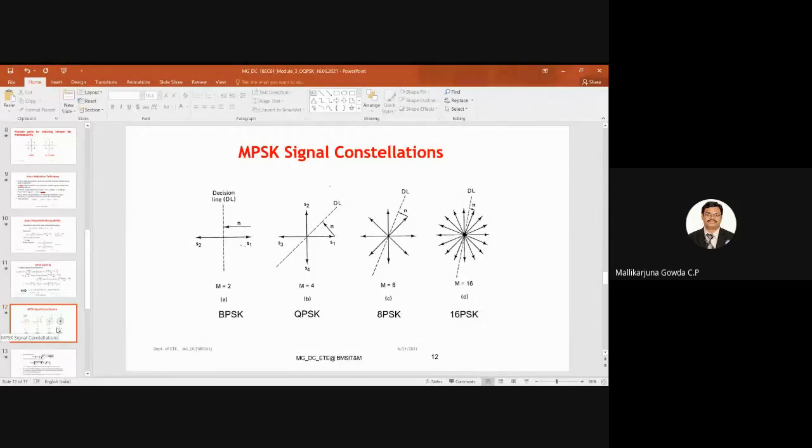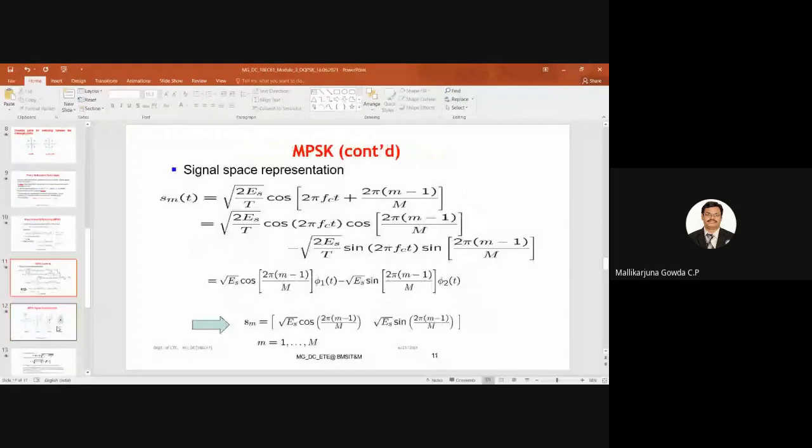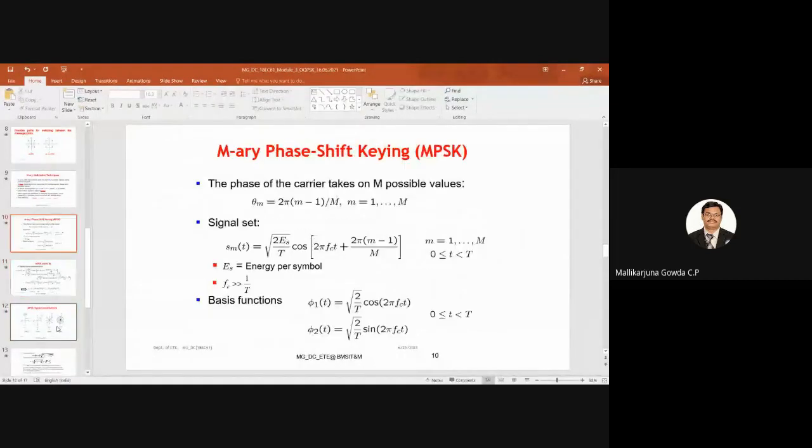Even if you understand QPSK, it can be extended for any value of M. So don't worry about the change in equation, don't think it is different. Just substitute. Maybe the way they have written it is different. Is it possible to understand this equation now?